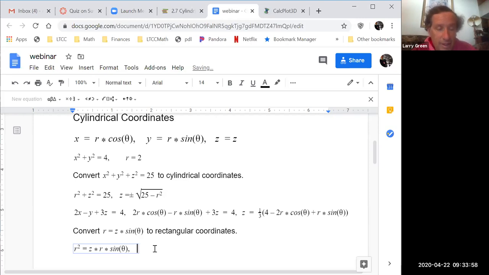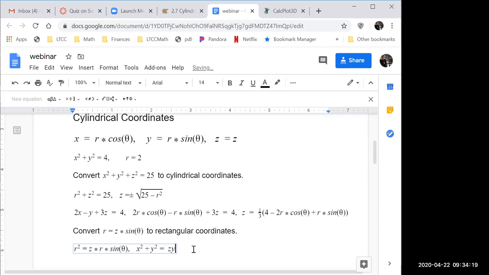Now what I can do is turn these into rectangular. r squared is x squared plus y squared, and that is equal to z times r sine theta. And what's r sine theta?